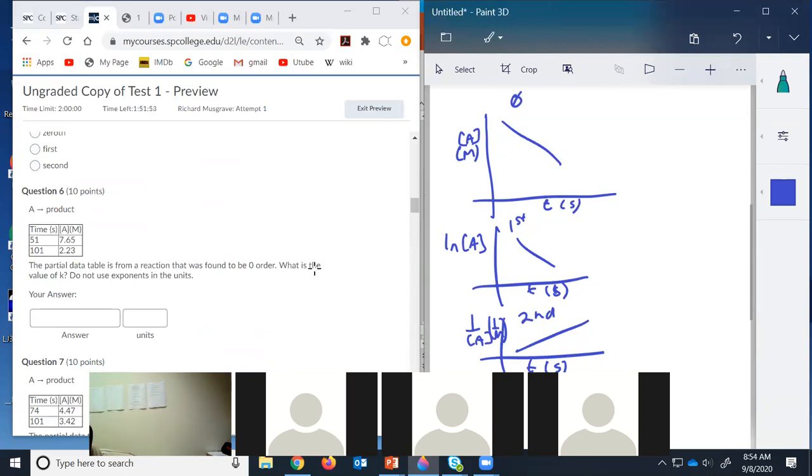And the slope is always change in y over change in x. So if we look at the units, this would be molar per second. For this one here, 1 over second. And for this one here, 1 over M seconds.